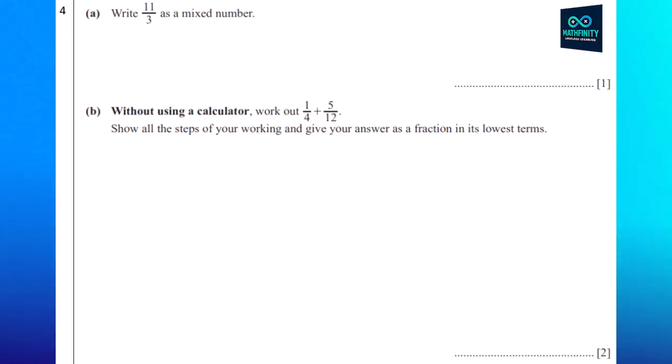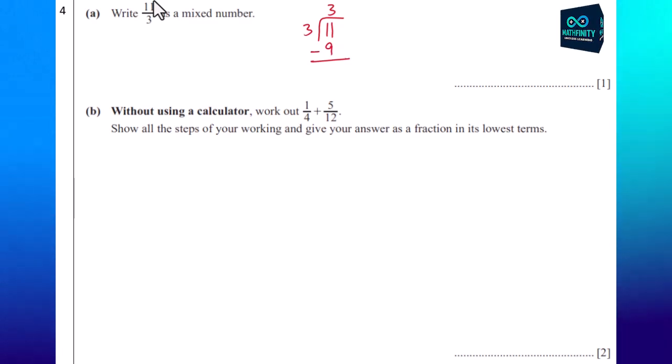Sometimes you will see, like question number 4, A part, they give us 1 mark to convert an improper fraction to a mixed number, and then we have to solve. So how to convert? I told you we have to divide 11 by 3. 3 times 3 we will get 9.